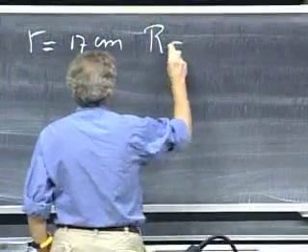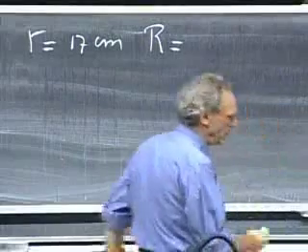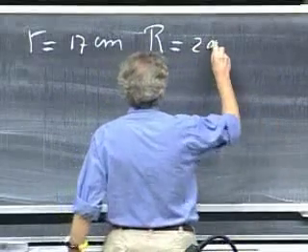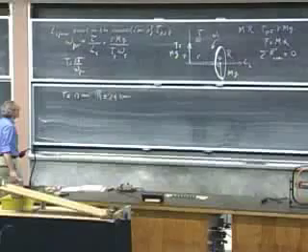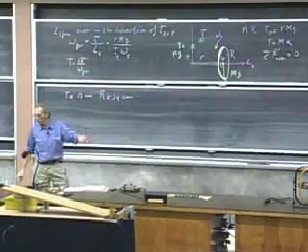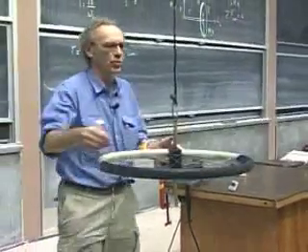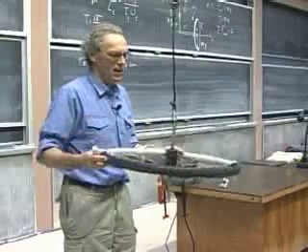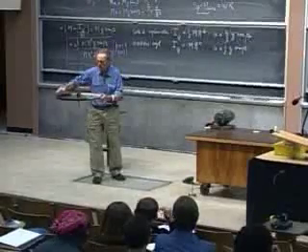And the radius of the bicycle wheel is about 29 centimeters. Let me make the assumption that all the mass of the bicycle wheel is at the circumference, which is not very accurate, but it's close to that. There are some spokes here, but let's assume that everything is here, so then the moment of inertia is mr squared.